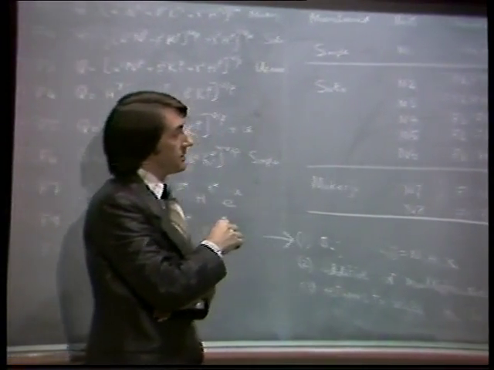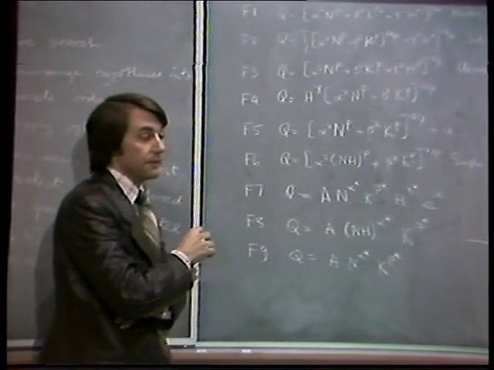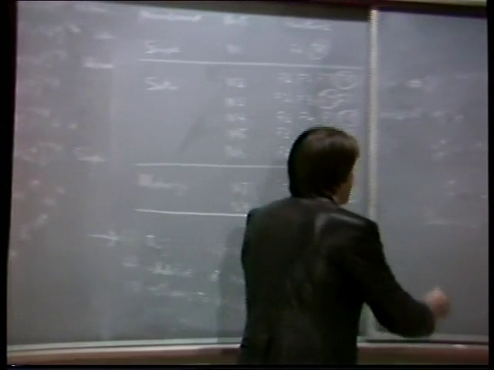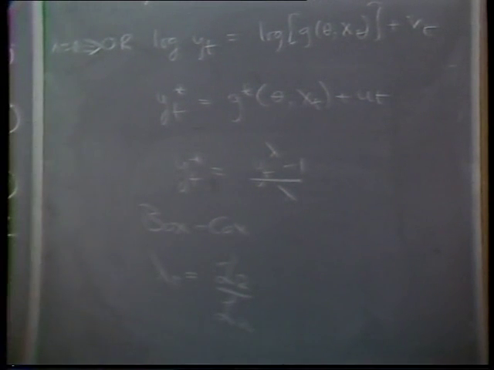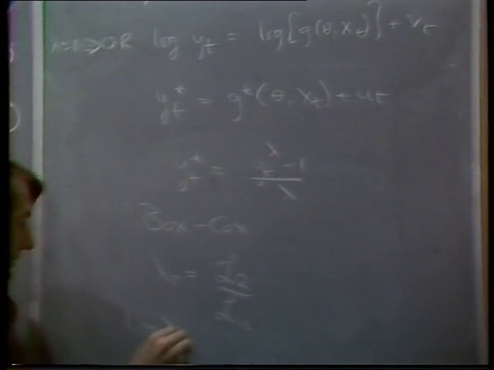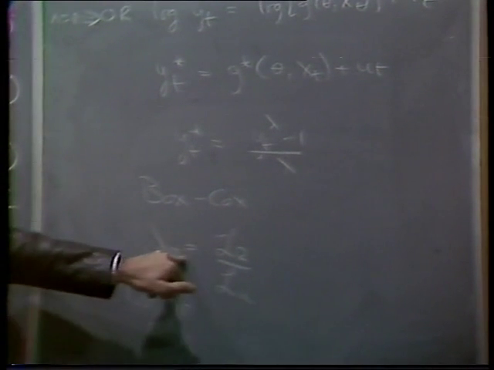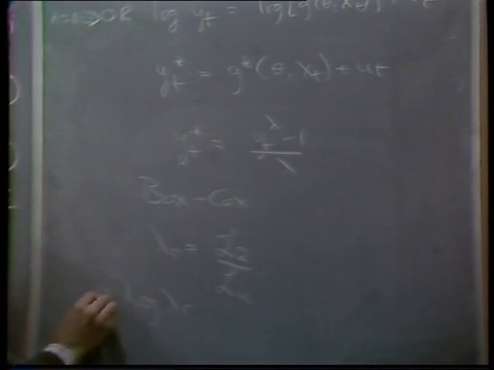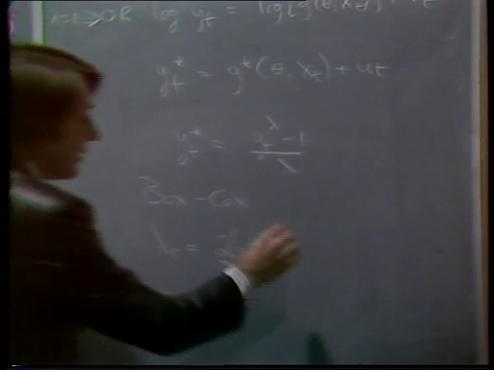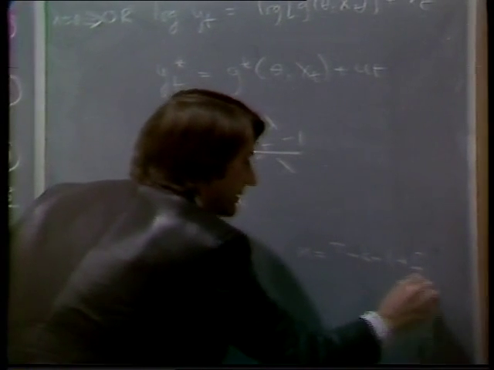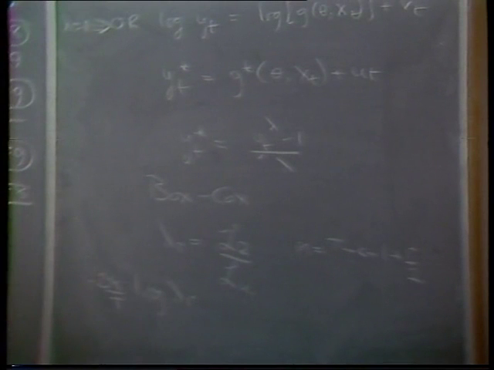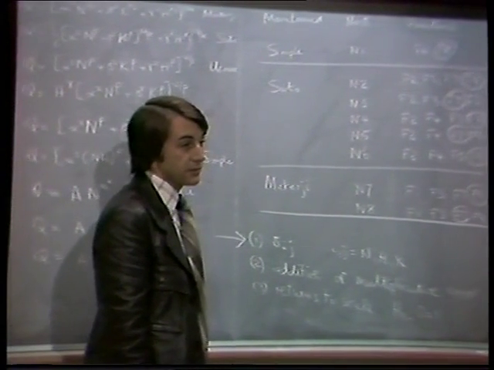And that was done by using the suggestion of Box in 1949, which for the likelihood ratio test statistic was to, instead of taking minus twice the log of the likelihood ratio, take minus 2m upon T times the log of the likelihood ratio, where m is equal to T minus k minus 1 plus r upon 2, where k is the number of parameters in the unrestricted model and r is the number of restrictions being tested.